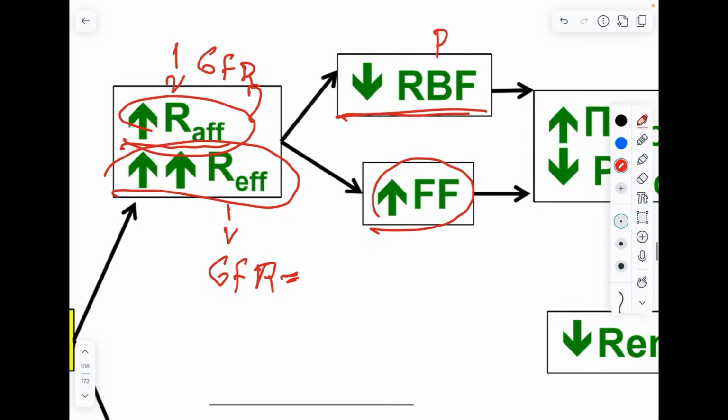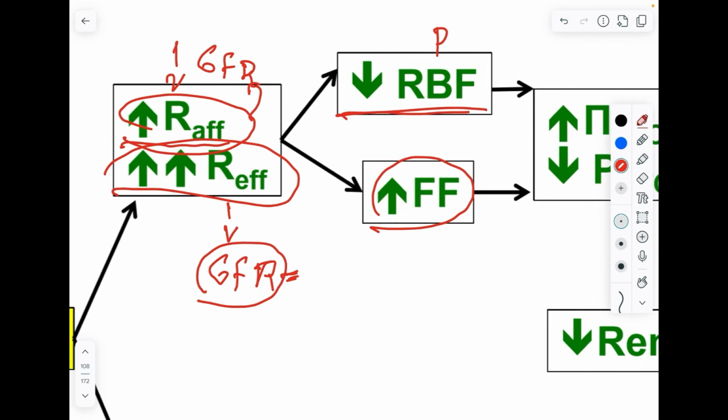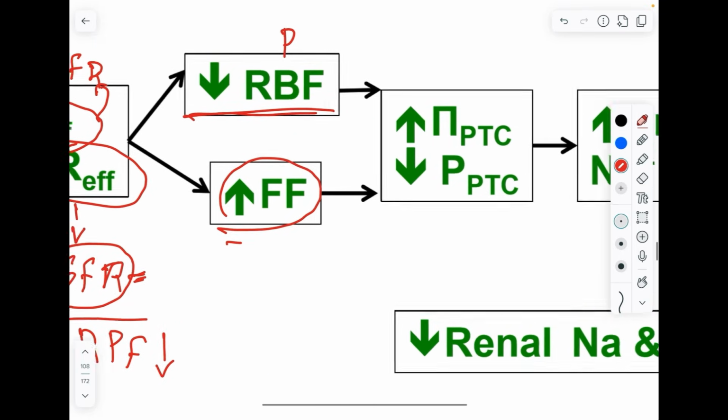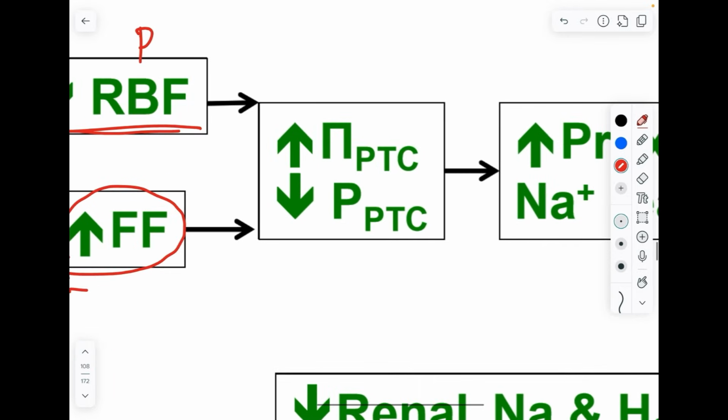So filtration fraction, which is how much we have filtered, is GFR over the renal plasma flow. The GFR is the same and the plasma flow has decreased, so the filtration fraction will increase. If you increase the filtration fraction, you increase the colloid osmotic pressure of the peritubular capillary.